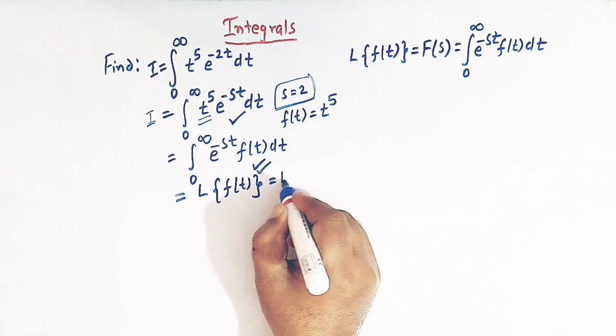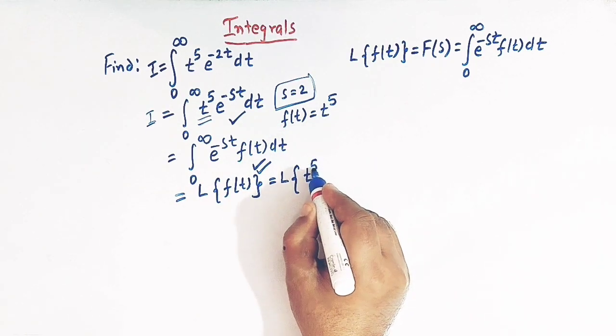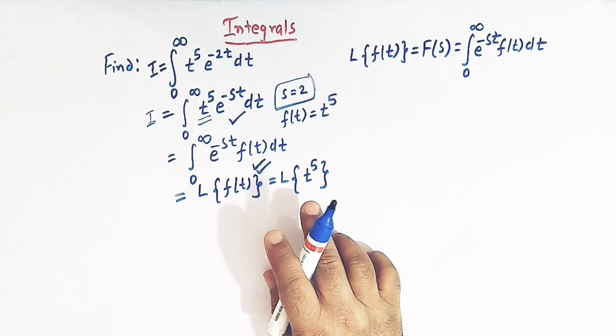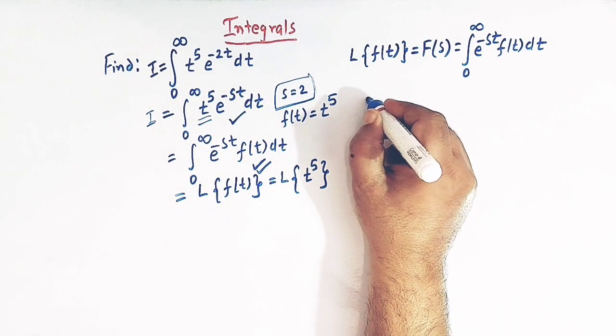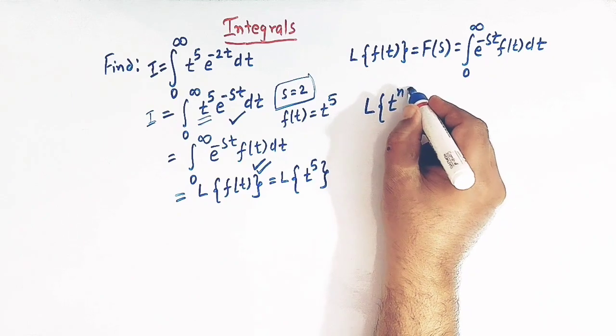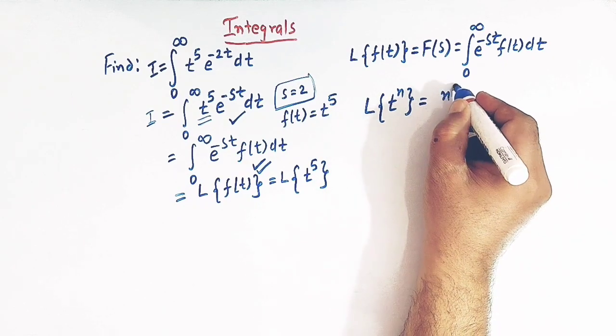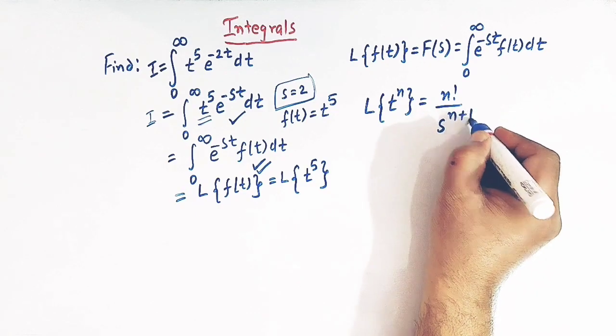So we have L, and f of t can be written as t raised to 5. Now here we'll make use of one important and standard result from Laplace transform, that is L of t raised to n is given by n factorial divided by s raised to n plus 1.